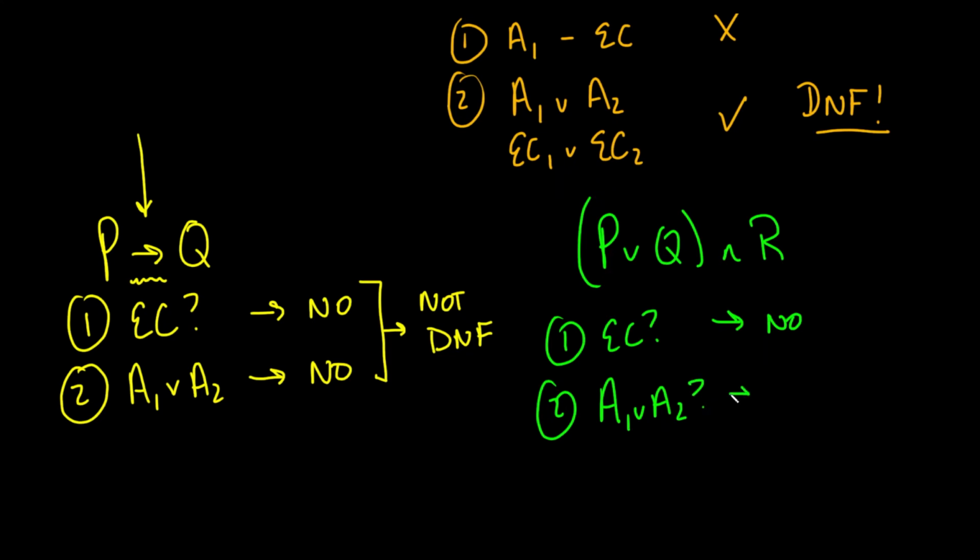And the answer to this also is no. So why is that no? It's no because, take a look at the main operator here, which is the sign for conjunction. So it doesn't have the form a sub 1 or a sub 2. And so this formula would not be in disjunctive normal form.